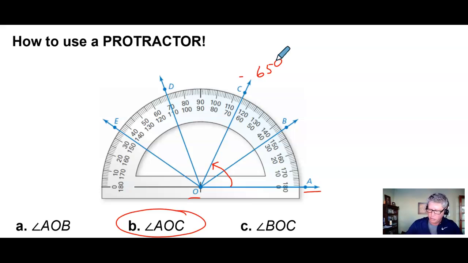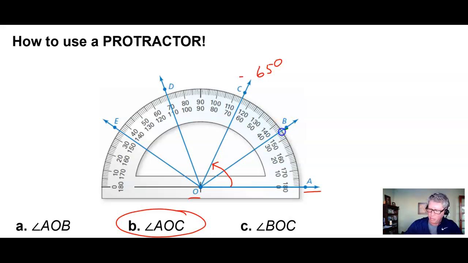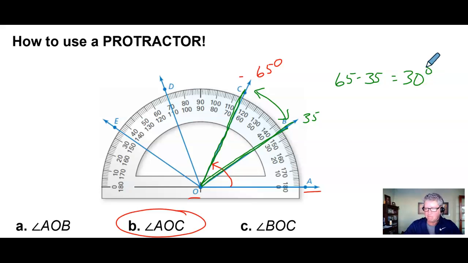Now BOC is interesting because we are measuring this angle right here. So here we are at 35 and here we are at 65. So you guessed it. What is the angle between those two, just subtract those. So 65 minus 35 is equal to 30 degrees. Not too tough.